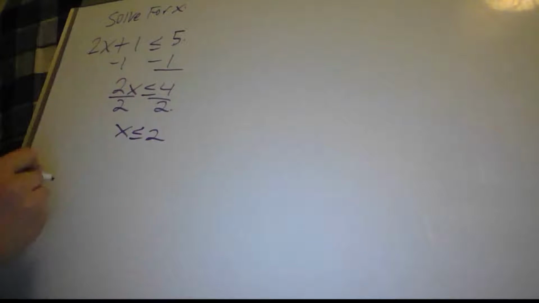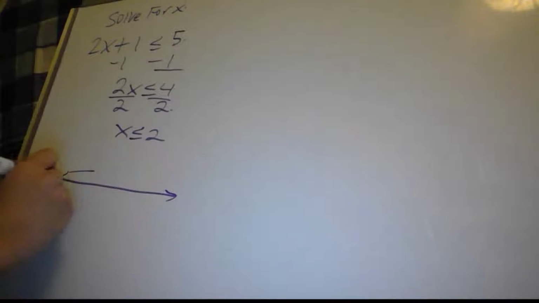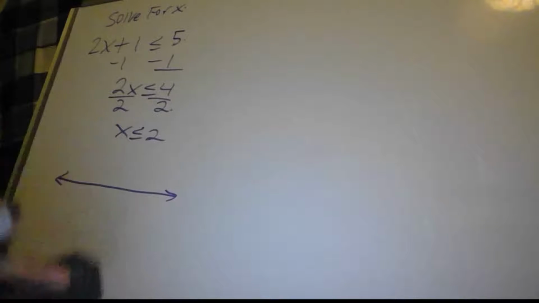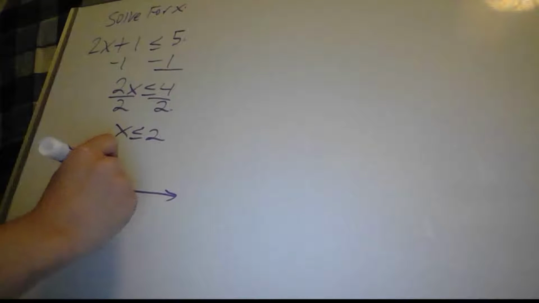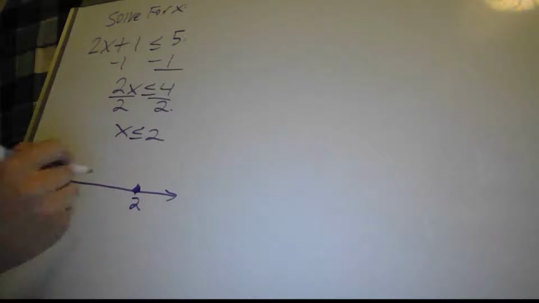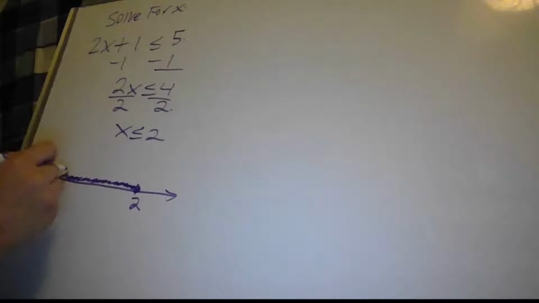And then if they ask you to graph it, you would just do at 2, and then you would do a closed dot like this, and then you would shade to the left, right? Less than or equal to 2. That means that all real numbers are less than or equal to 2.